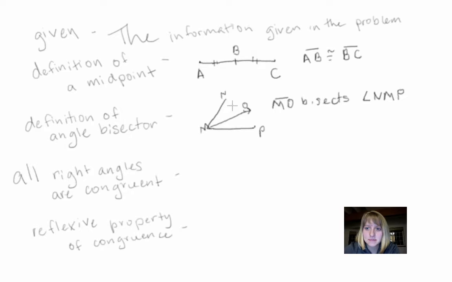MO bisects angle NMP. So then from there, if it bisects it, we know that this angle is the same as that angle. So the result of that is that angle NMO, which is this little guy right here, is congruent, since it's exactly the same, as OMP.